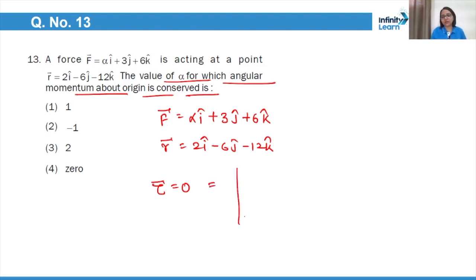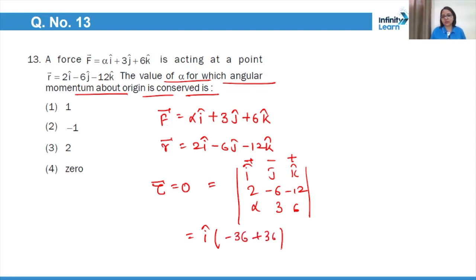So let's find the torque, which is R cross F. So this is ijk, with signs positive, negative, positive. R cross F will be 2, minus 6, minus 12, and alpha, 3, 6. So the i cap coefficient will be minus 36 plus 36, so it is already 0.